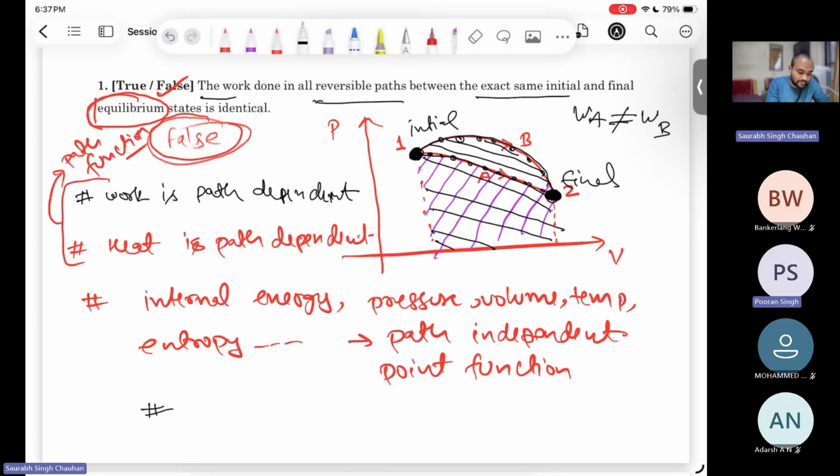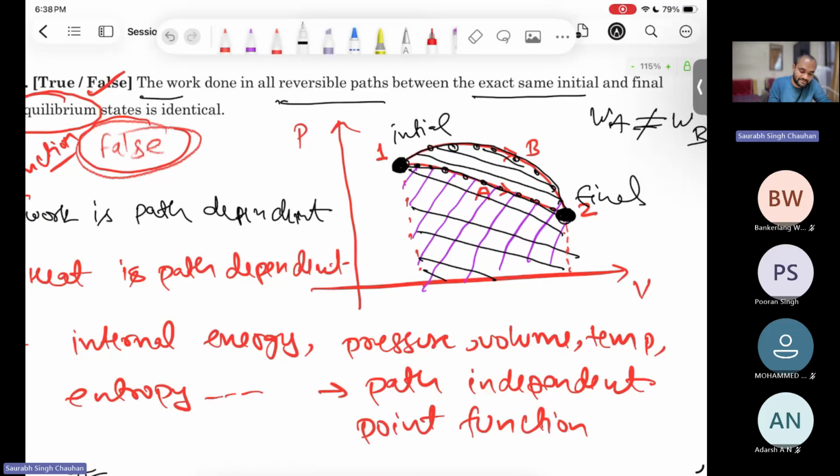The path can be reversible, the path can be irreversible, but work and heat interactions will be dependent on path. Here it is very clear from the diagram itself: we have studied that the work done is PdV, the area under the PV curve, and you can see that along different paths the area under the curve is different.